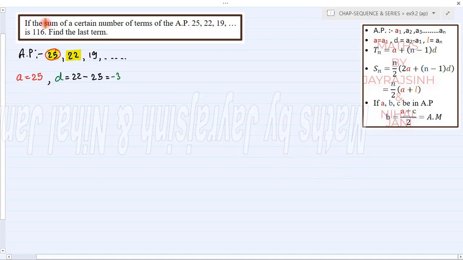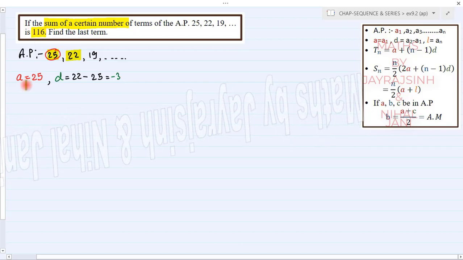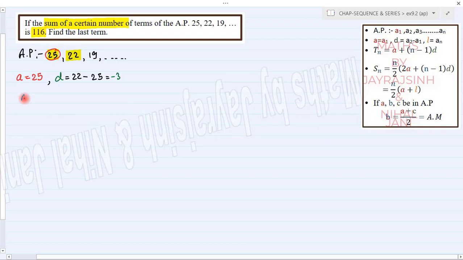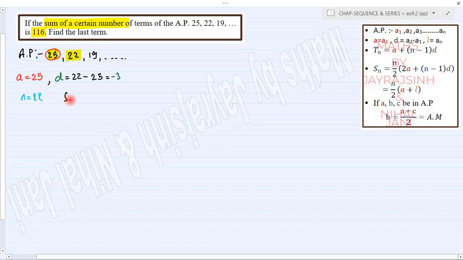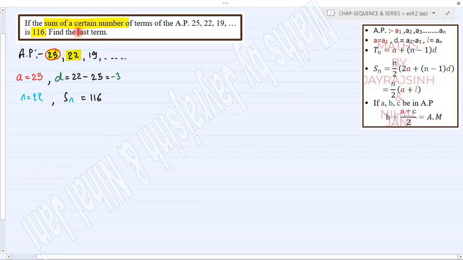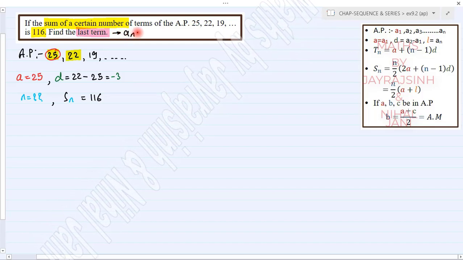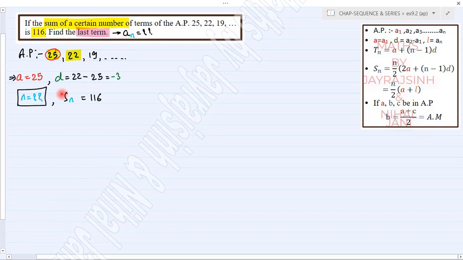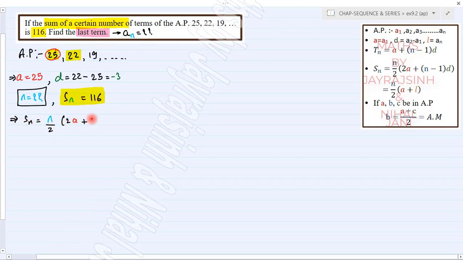Now, it is given that sum of certain terms is 116. That means your n is unknown to us and it is given that Sn is equal to 116 and we have to find your last term. That means we have to find An, and for that we are going to use the first formula of Sn.